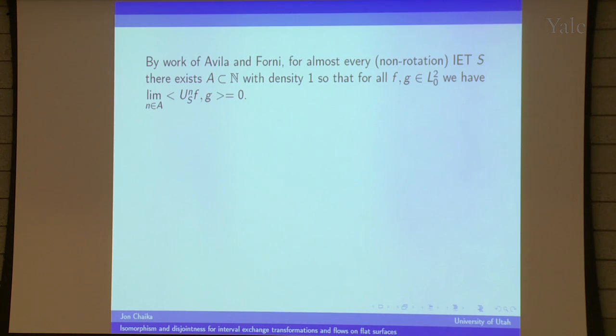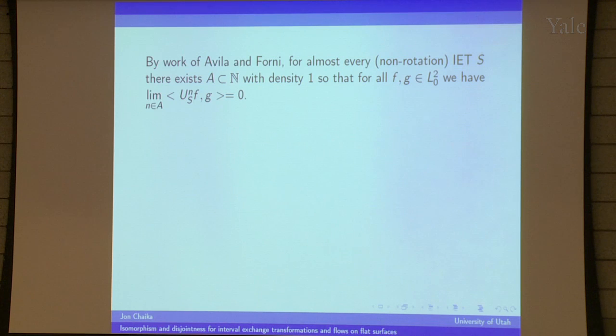So if you have continuous spectrum, you have lots of sequences that converge to 0 in the weak operator topology. And by work of Avila and Forni, almost every interval exchange transformation has purely continuous spectrum, aside from constant functions.